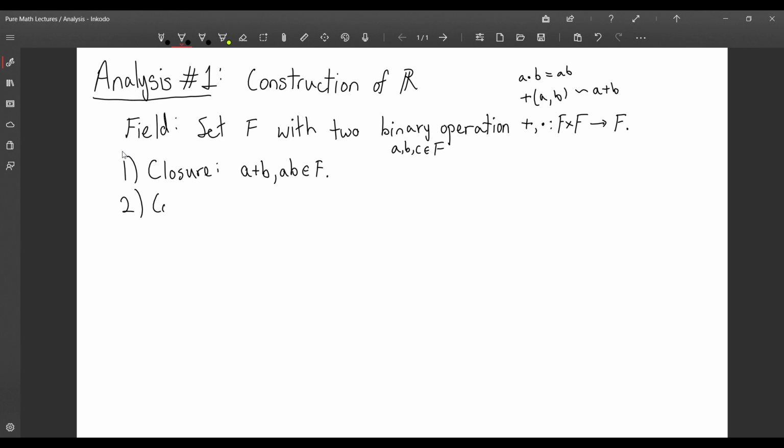The next property is going to be commutativity, which is that the order in which I multiply or add does not matter, right?